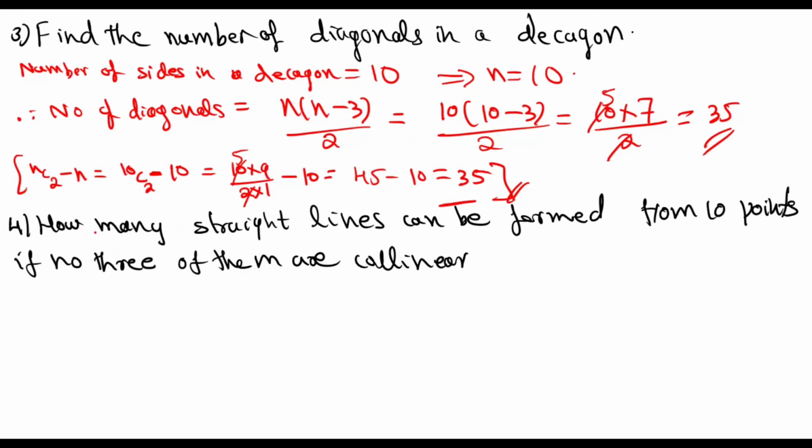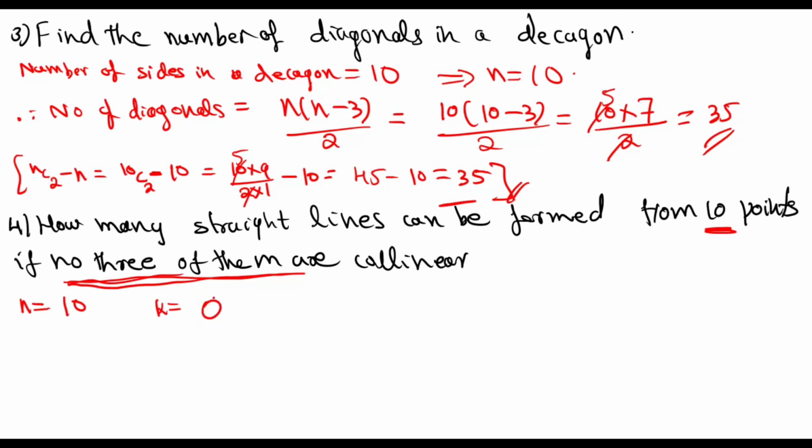See the next question, how many straight lines can be formed from 10 points if no 3 of them are collinear? It's a very important question. See here, given data is no 3 points are collinear. Okay, n value is equal to how much? 10. What are the collinear points? k is equal to 0.